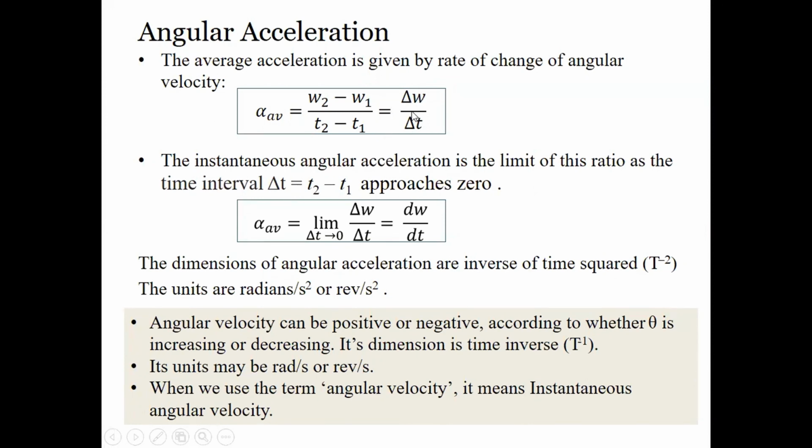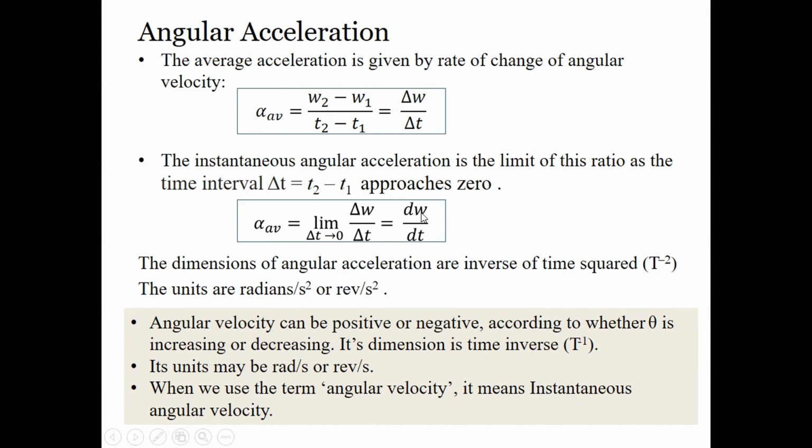Instantaneous angular acceleration is the limit of this ratio when the time interval delta t, equal to t2 minus t1, approaches 0. When this limit is taken, we get the first derivative of omega, the angular velocity.